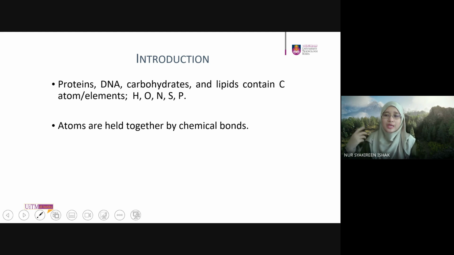For example, there will be van der Waals interaction, and then there will be hydrophobic interactions. Okay, so there will be ionic bonds. So there are different types of bonds that attract molecules together, be it between atoms within the same molecule or between atoms of different molecules.